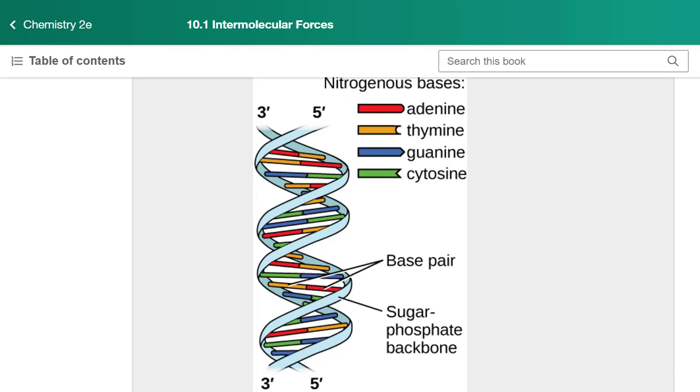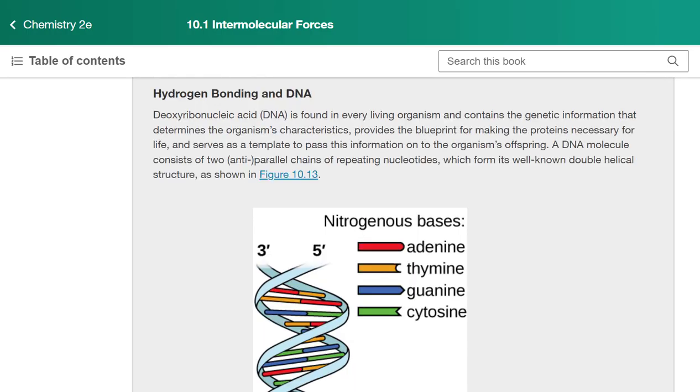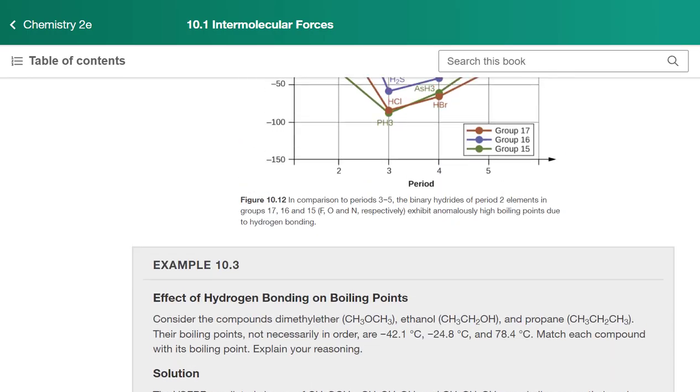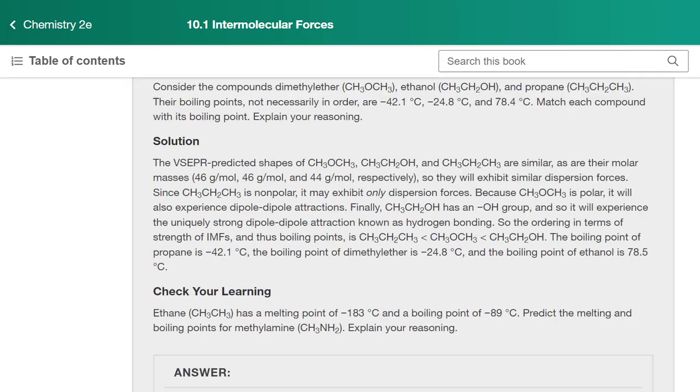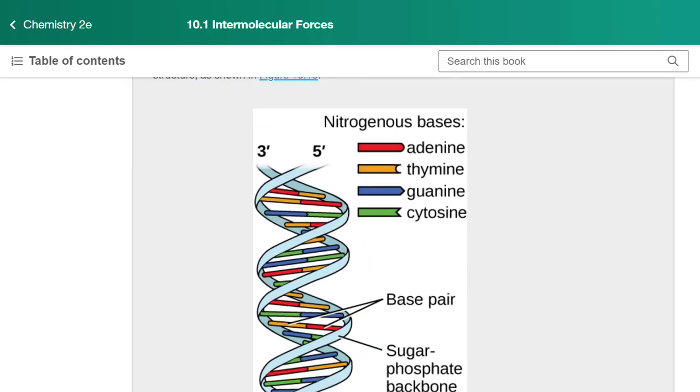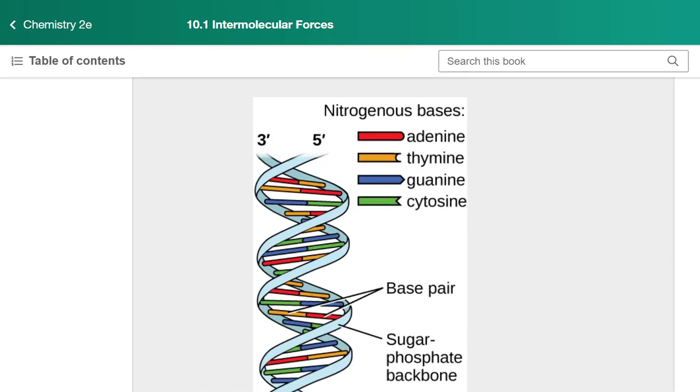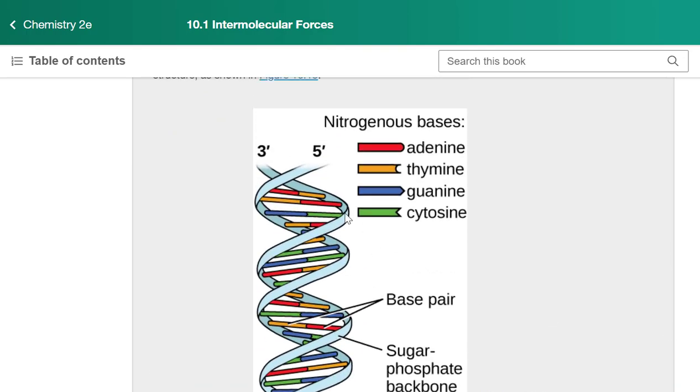If you didn't have hydrogen bonds, the DNA would not stick together. If it was only a dipole-dipole, it would not stick together. So you need the hydrogen bonds for that. But if it were covalent bonds, it would be too strong and it would not come apart.